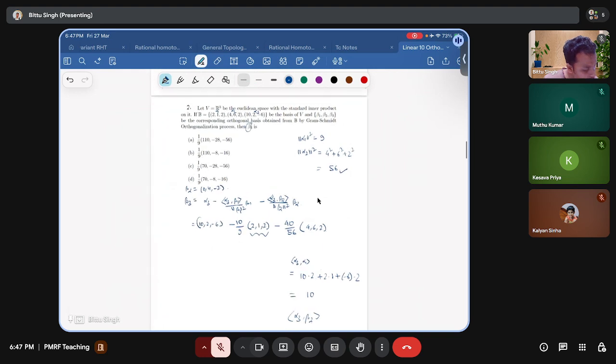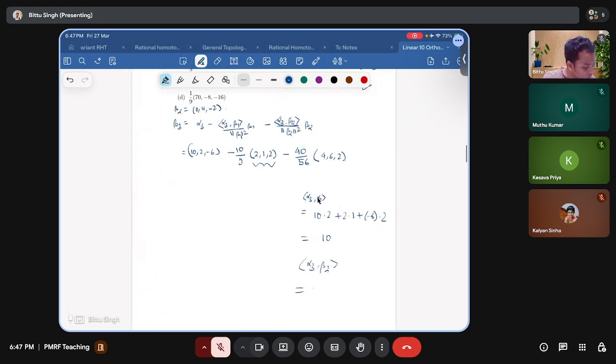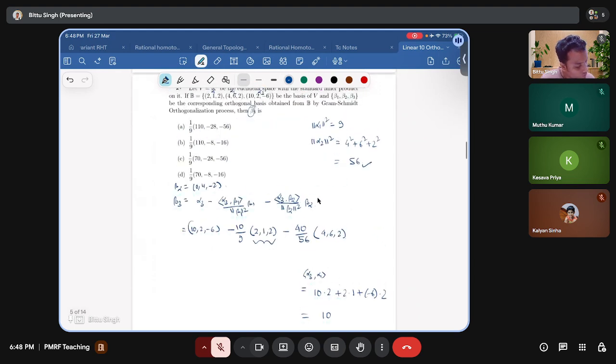Alpha 3 is (10, 2, -6) and beta 2 is (0, 4, -2). It is 8 plus 12, which is 20, and the norm of beta 2 squared is 0 squared plus 4 squared plus (-2) squared, which is 20.